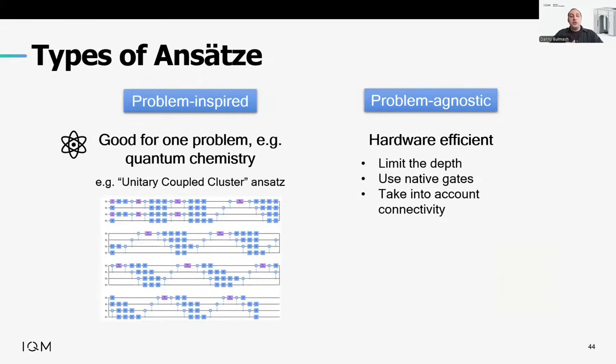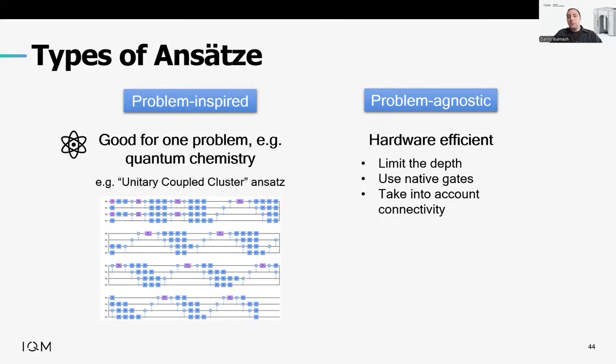So how do we choose our ansatz, our guesses? There are two different ways to do this. One is problem-inspired. These are good for one particular problem, quantum chemistry, for example. There's this unitary coupled cluster ansatz, which is very complicated. It's in this picture here, but it's very specifically inspired by guesses based on what we already know about quantum chemistry to try to make our guess state closer to what we expect.